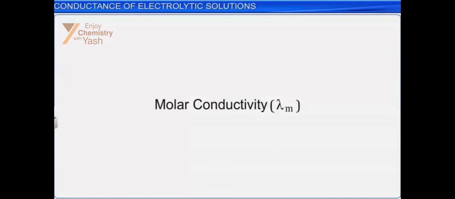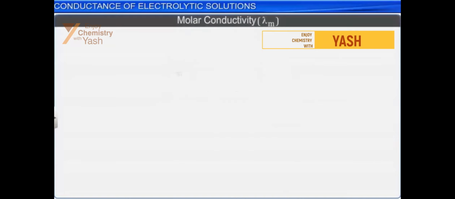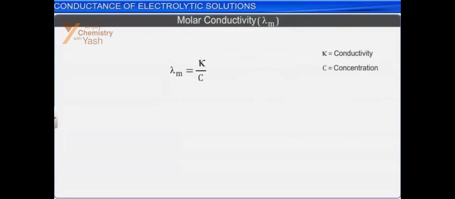Therefore, we introduce the concept of molar conductivity, which uses a Greek letter lambda with a subscript m as its symbol. Molar conductivity is related to solution conductivity by the equation lambda m is equal to kappa, or conductivity, divided by concentration of the solution.